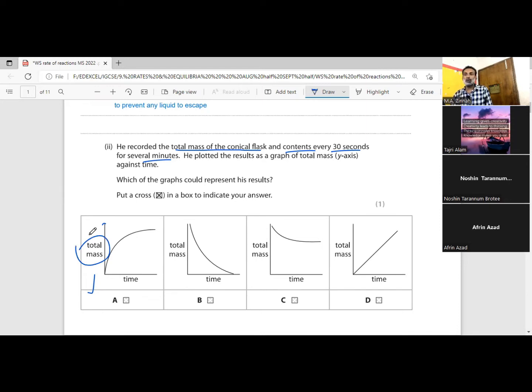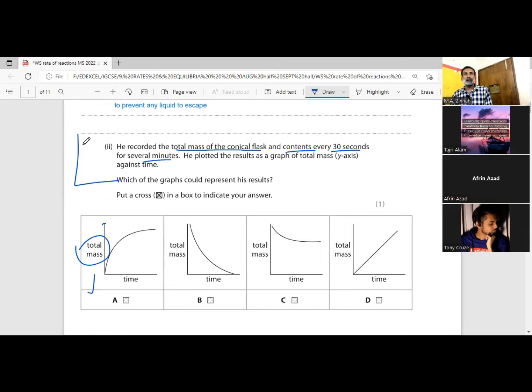It would be possible if the question talked about the mass of the gas: more gas produced, more mass. But in this experiment, the mass of everything, when the gas escapes, the mass of everything together will fall.